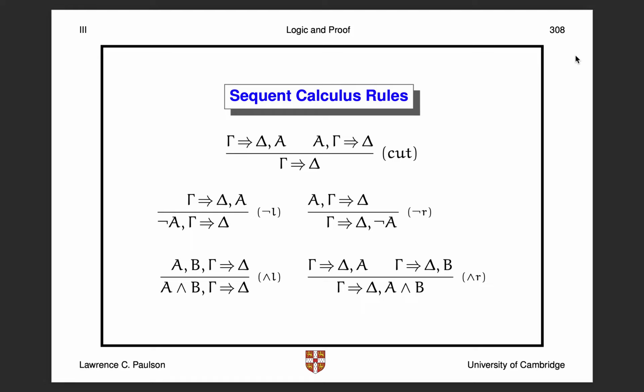Now, staying on the bottom row, we have the and on the left rule, which turns out to encapsulate the two natural deduction elimination rules in a single rule.